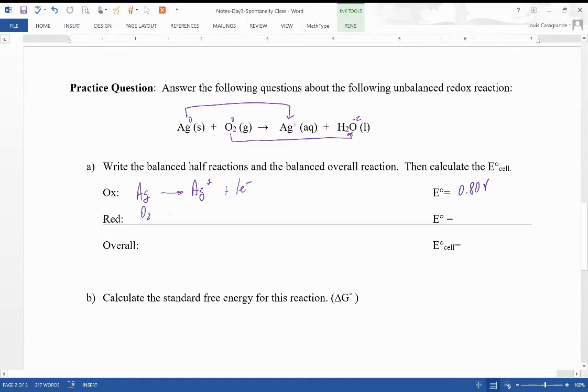The reduction reaction is O2. Now, we need a couple of more things in here. As in 19.1, you could balance this, but I'm going to go ahead and do it for you. The O2, we need to have 4 H pluses first, and then 4 electrons, and that all combines to form 2 water molecules.